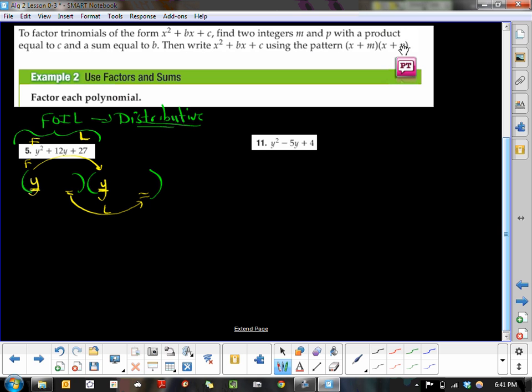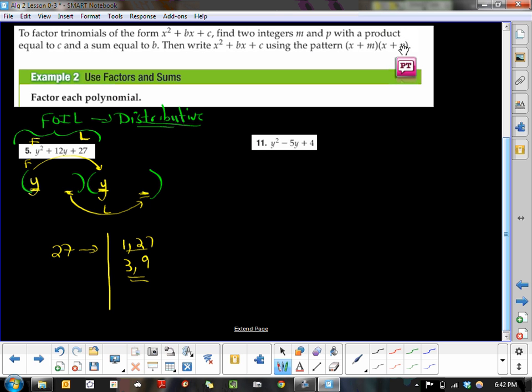How can I multiply two numbers together to get 27? Well, one way is 1 times 27. Another way is 3 times 9, and I think those are my only options. So I could try either a 1 and 27 or a 3 and 9. Those are the only things I can use in these last two positions.